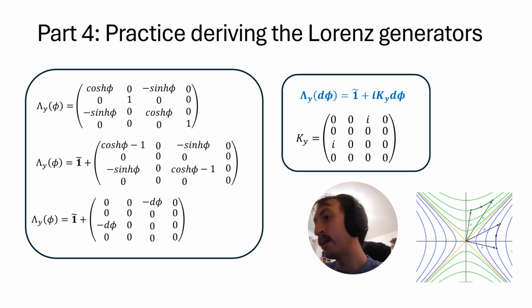So we have now derived the generator for boosts along the y-axis, and on the last slide we derived the generator for boosts along the x-axis. Now let's look at combining them together and seeing what we end up with.